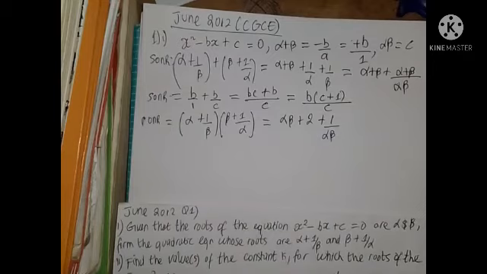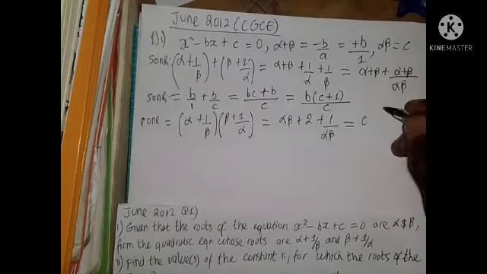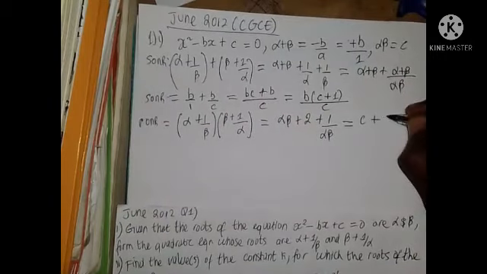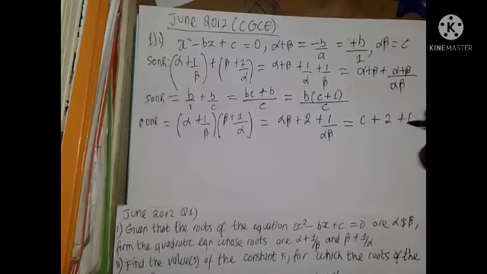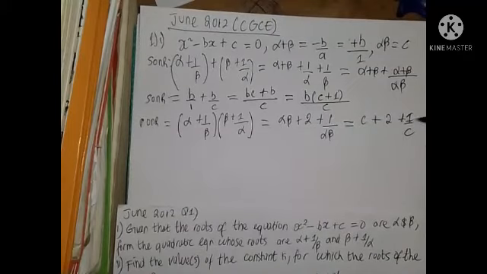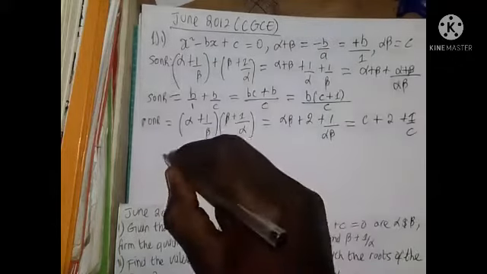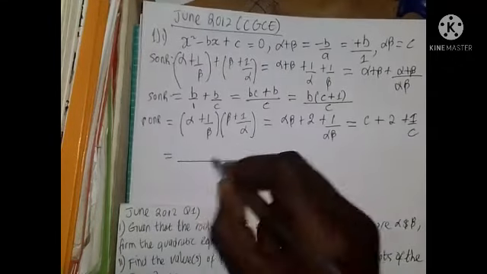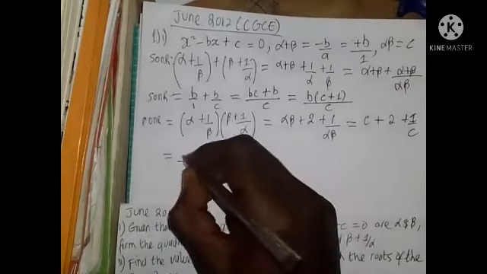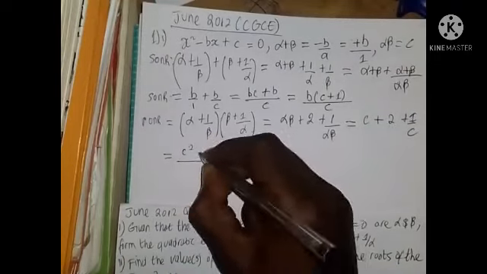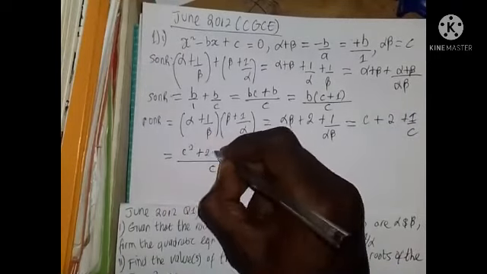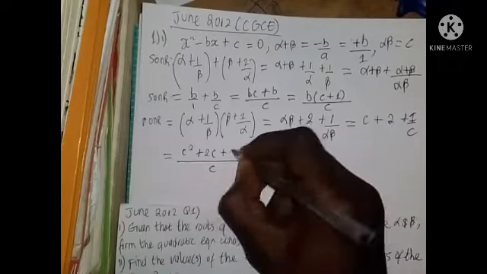Okay, so equal to, what is alpha beta? This is c, plus 2 plus 1 on c. And again, like the last time, we're going to carry out an LCM. So it's going to be equal to all this divided by c: c squared plus 2c plus 1.